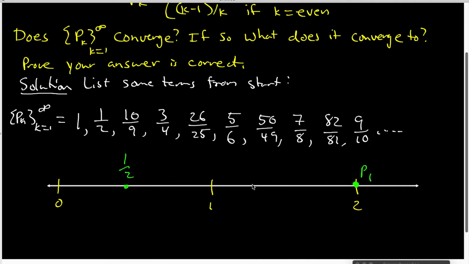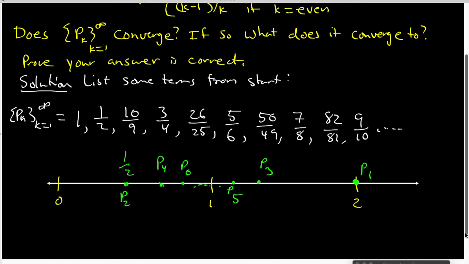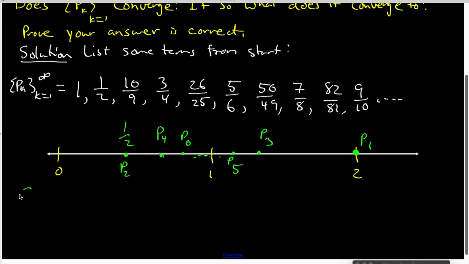P3 is back up on this side, but closer to 1 than P1 was. P4 is here. P5 is closer to 1 than P3. And P6 would be here. It looks like we're alternating back and forth, hopping back and forth across the line x is equal to 1.